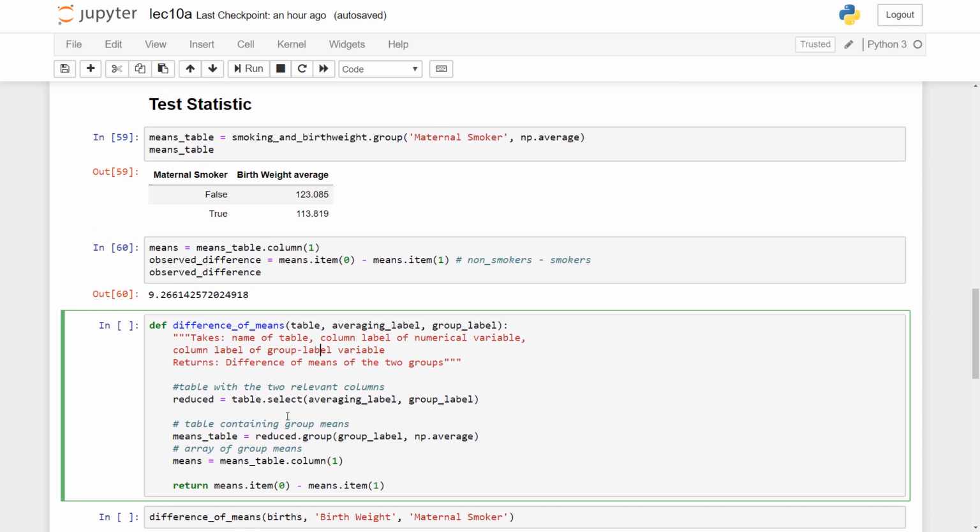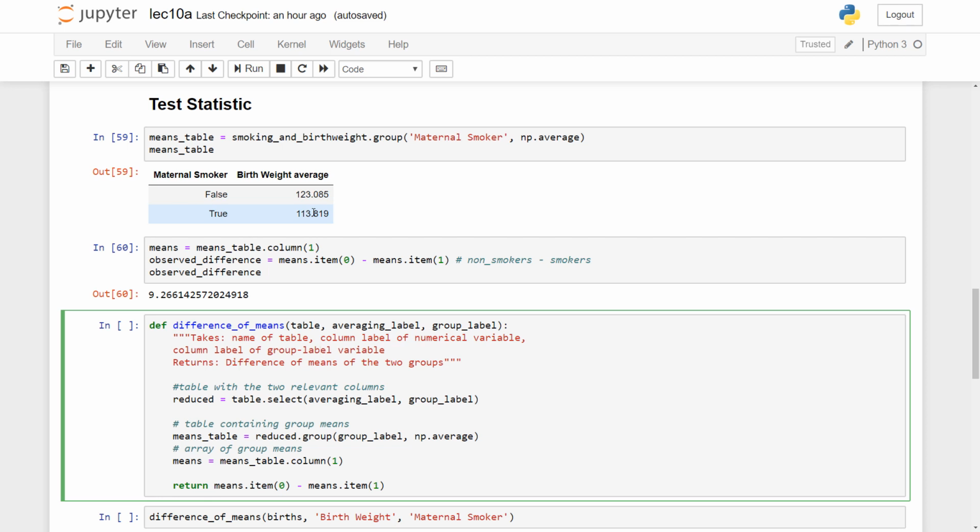What the function will do is select these two columns. It then does the grouping to compute the averages, getting the array of the averages from the table, and computes the difference between the two values. Notice that item 0 here will be the non-smoking, and item number 1 is for smoking mothers.